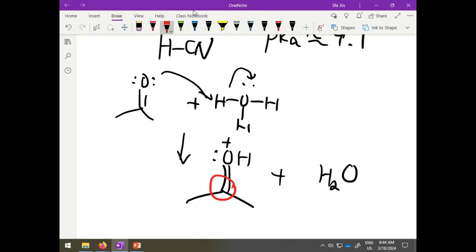But this approach only works if your neutral nucleophile can do the nucleophilic attack.